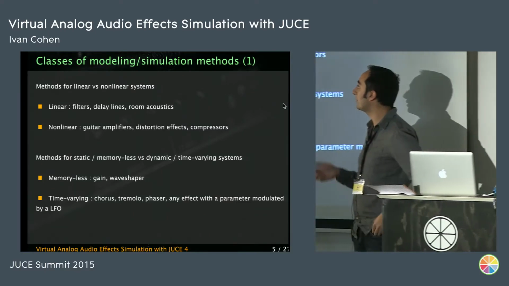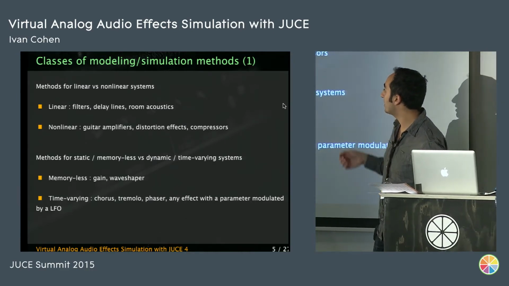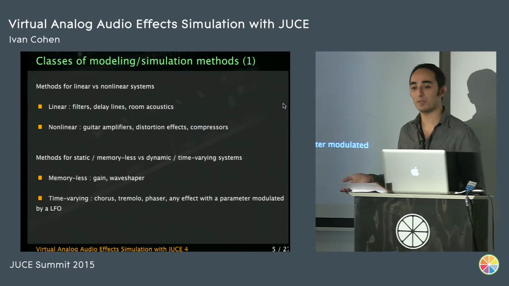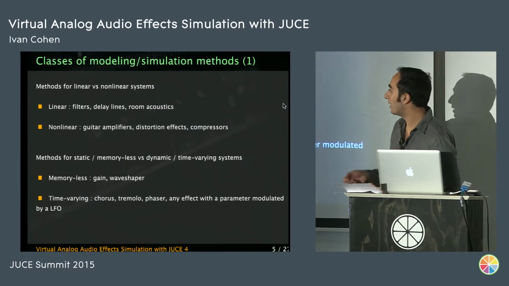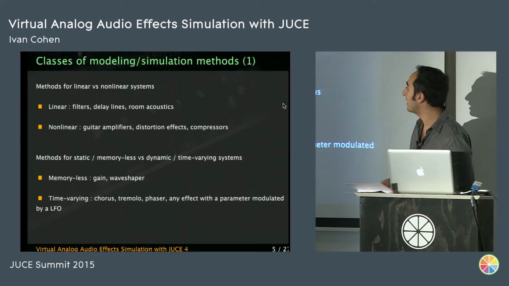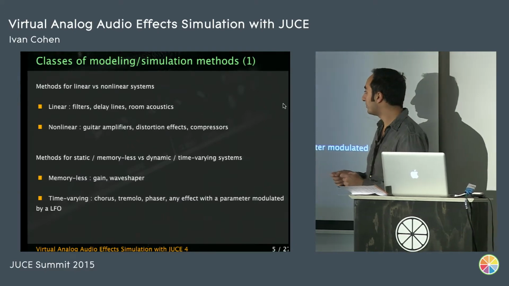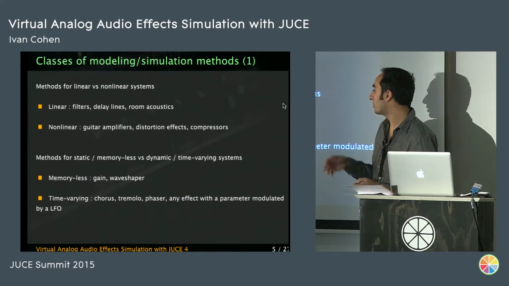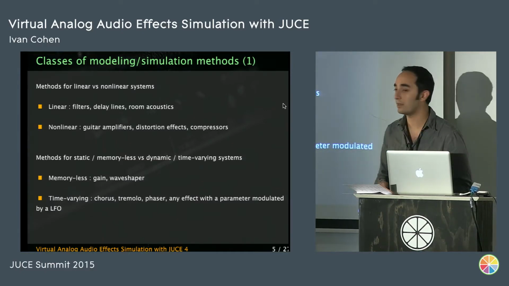For example, we have linear systems like a filter, delay lines, room acoustics, and we have nonlinear ones, the ones which add some warmth, some harmonics, like guitar amplifiers, distortion effects, or compressors. We need also to see if the system has time-varying behavior, like the chorus, the tremolo, or any effect with a parameter modulated by an LFO.